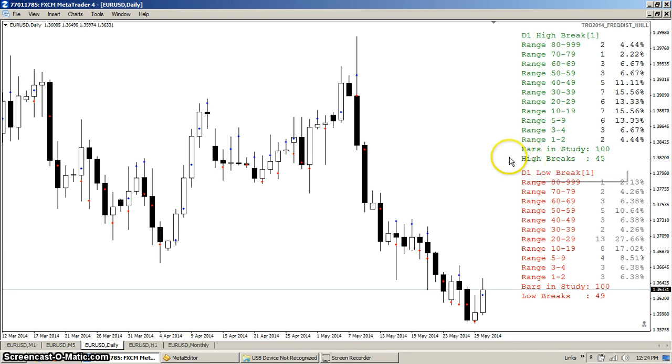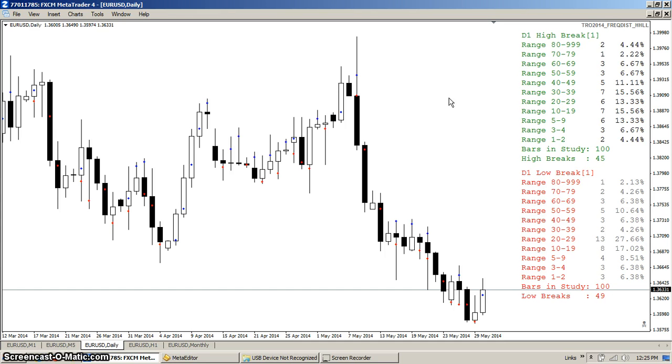As you can see from the frequency distributions, we have 100 bars and we had 45 high breaks. Once again, for the low breaks, we had 100 bars and 49 low breaks. If you look right here, this particular day didn't break out at a high or low, but the very next day it broke out on the high side and the low side.